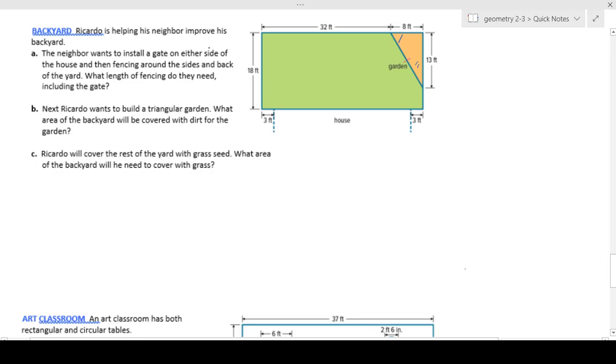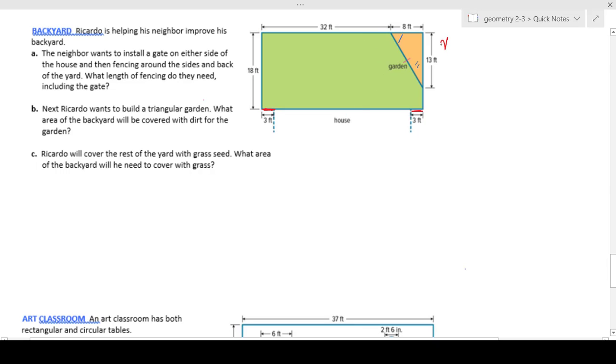I understand from this given that he wants to make, this is the gate, part of it is here and part of it is there. This is 3 feet, and then he's going to fence the rest. So he wants to know the length of the fencing. So what does this mean? It's simply kind of a perimeter.